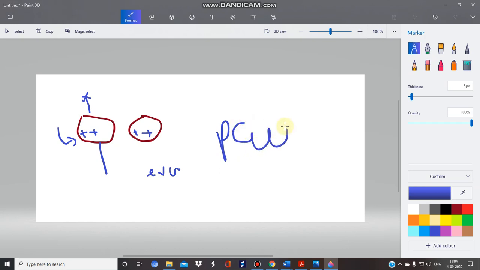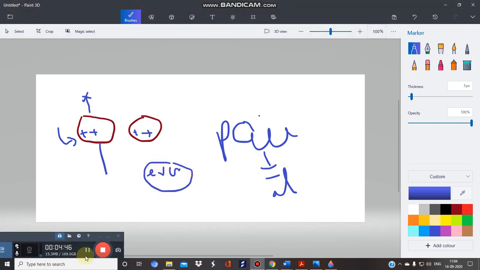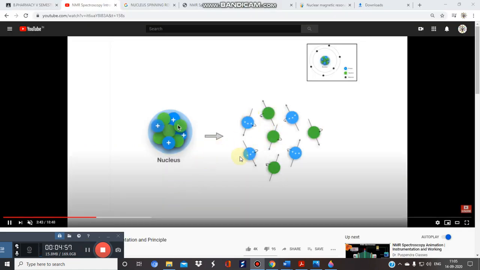This is important. In which type of atoms do the protons or neutrons get paired? In those atoms which contain an even number of protons or neutrons.